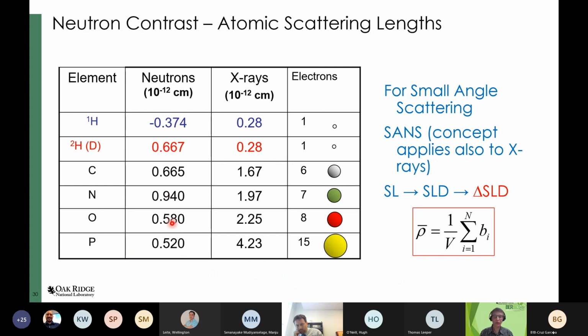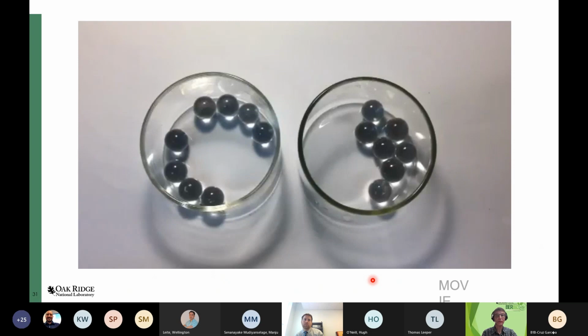That means that if you use mixtures of H2O and D2O, you can vary the overall scattering length density of that solvent over a large range, and that comes in very handy for highlighting different features in scattering particles by changing their relative contrast to the background.